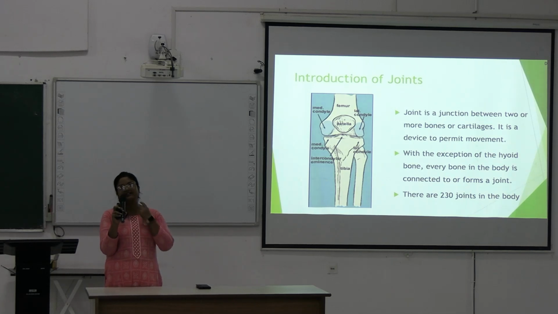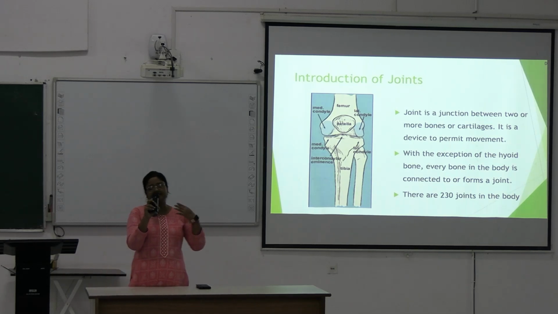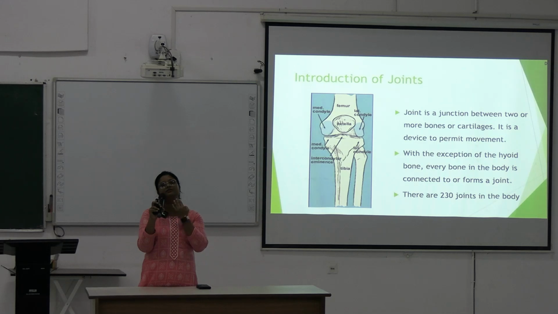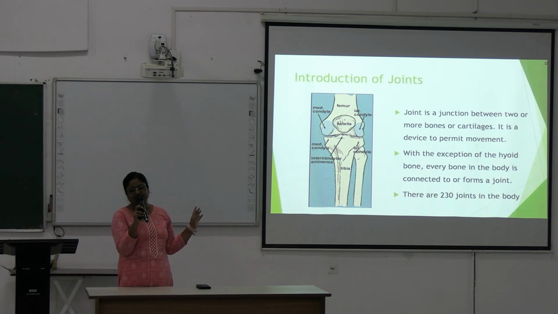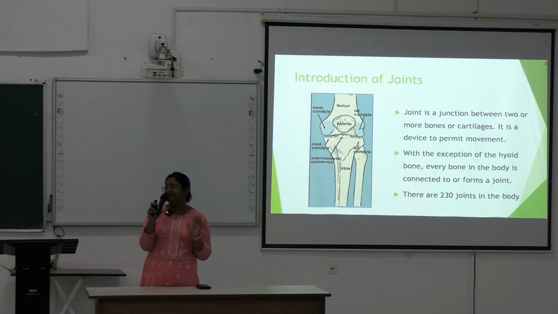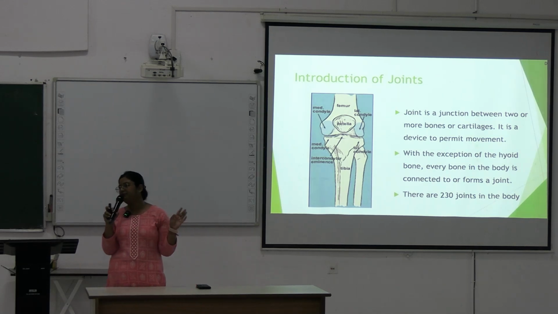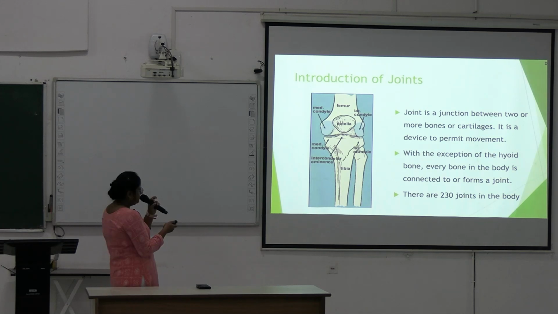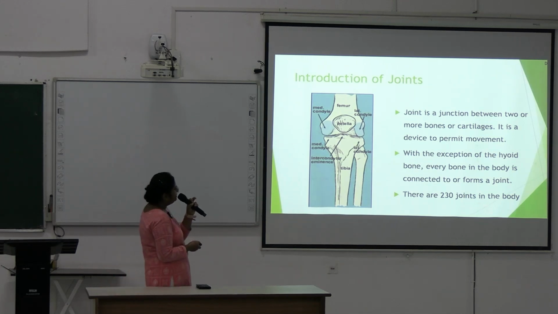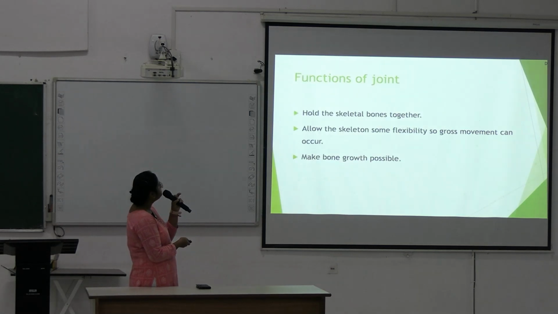Hyoid bone is lying in our neck, at the junction of floor of the mouth and front of the neck. Here is the position of hyoid bone. Only muscle and ligamentous attachment is there, but it does not articulate with any other bone in our body. So there are 230 joints in our body, total number.